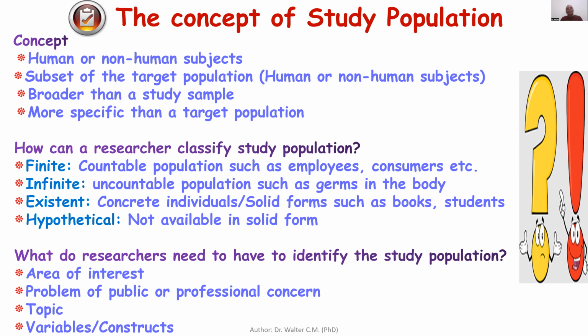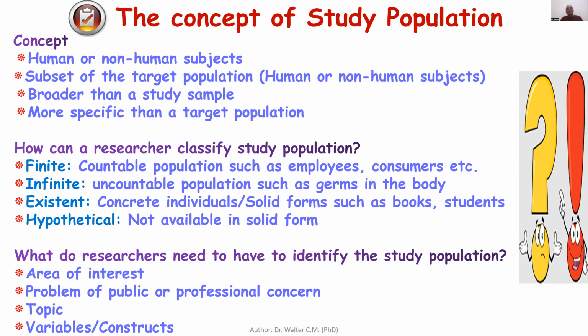If we are studying maybe consumers of financial organizations, it means your population will be those who are registered and have accounts in banks or small financial organizations, such as what we call Vikoba in Tanzania. You are going to study people like those because you are dealing with finance issues, income, among people. So the area of interest can inform you which study population to opt for, but also the problem of public or professional concern.